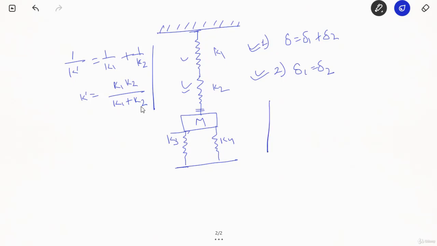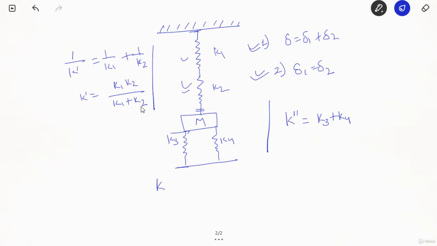Similarly, for the lower part, the equivalent stiffness, let us say this is K double dash, is K3 plus K4. Now K dash and K double dash are two terms. As I said earlier, these two parts, the upper part and lower part, are in parallel because their deflections are equal. So therefore K dash and K double dash are in parallel.